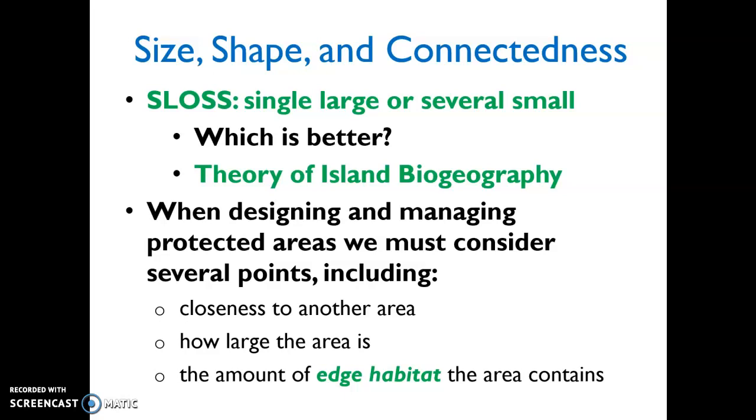So they both have pros and cons, but what do we decide when we're looking at our current situation? Well, currently we don't have a choice. There really are very few areas where we can now preserve an ecosystem as a single large ecosystem. So we're generally left with several small ecosystems, even though probably the balance would go toward the single large being better, but we can manage the several small to maximize their success.